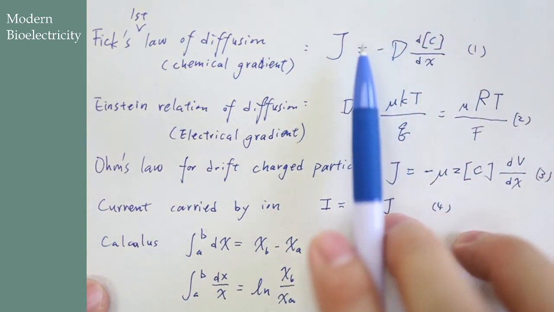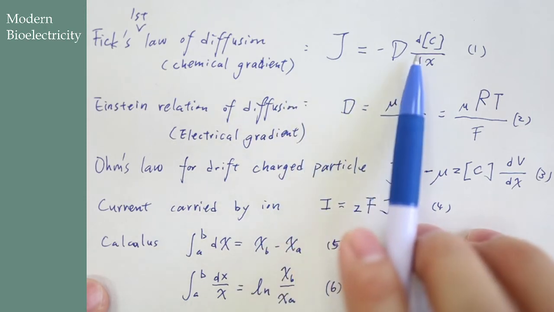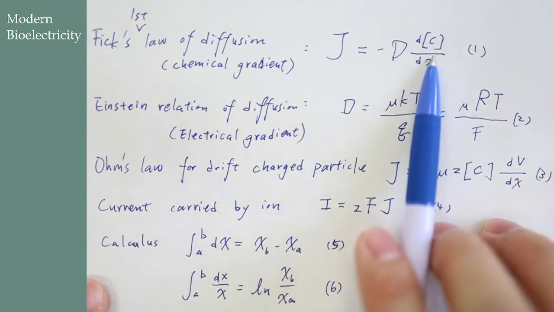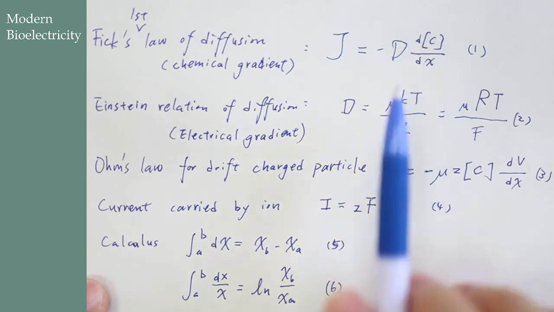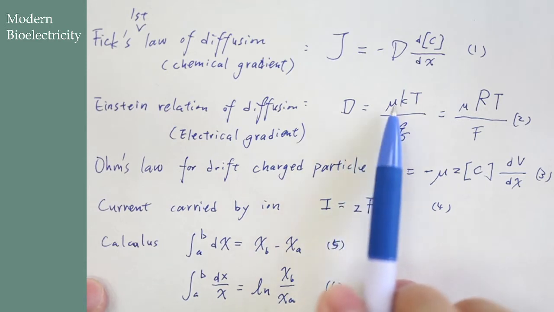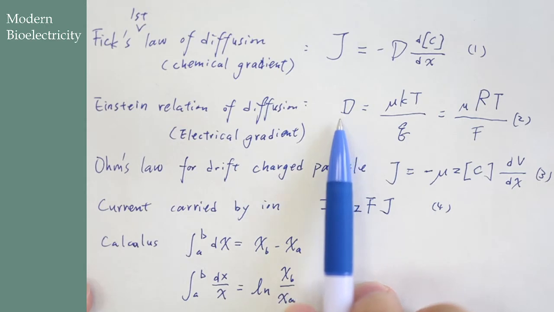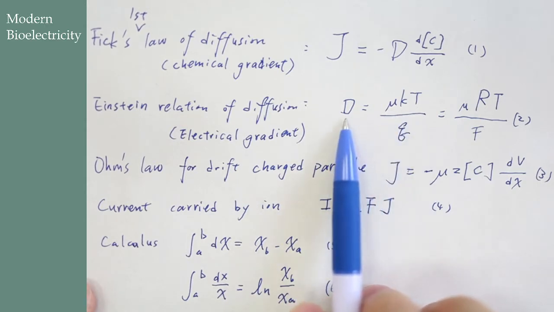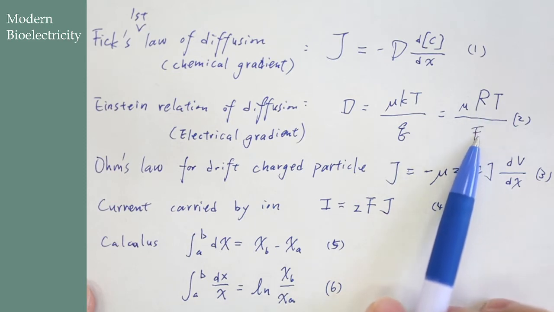So we have the diffusion coefficient right here and here is the gradient of the ions. And here we have the relation of the mobility and the diffusion coefficient, which is D equals mu RT, the gas constant and temperature.